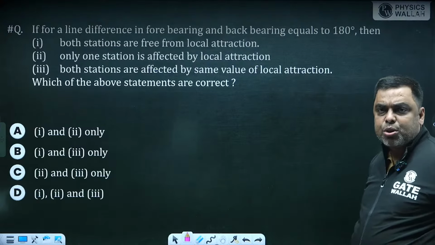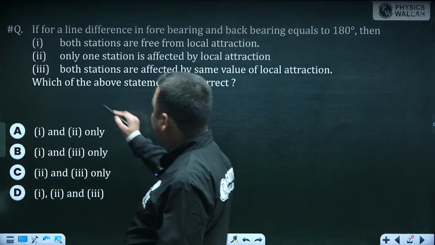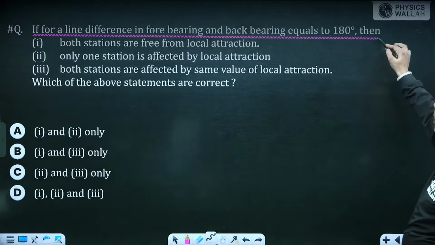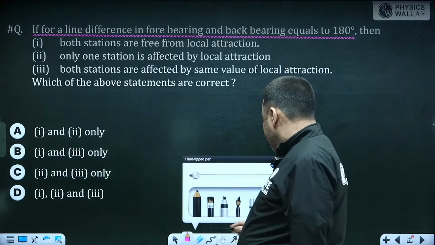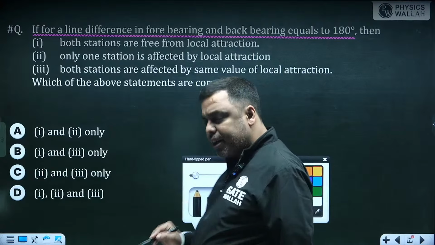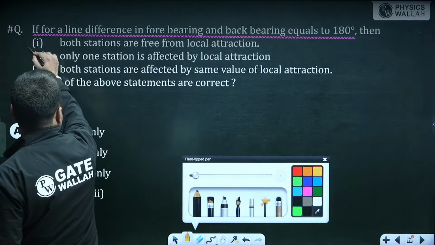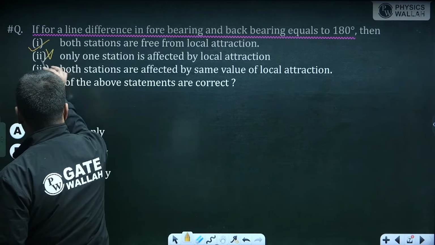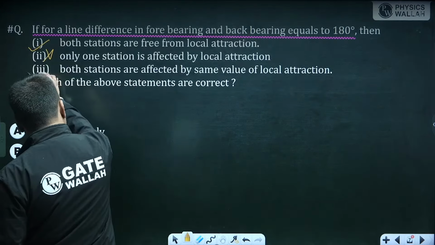What would be the answer to this question? If for a line the difference of pole bearing and back bearing equals 180 degree, we know that both the stations are free from local attraction. Only one station is affected by local attraction, this is wrong. Both the stations are affected by the same value of local attraction, this is also true.